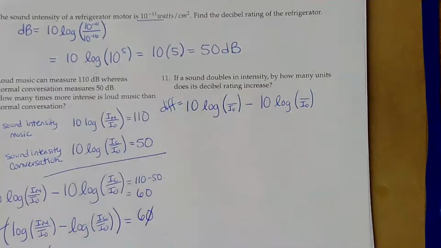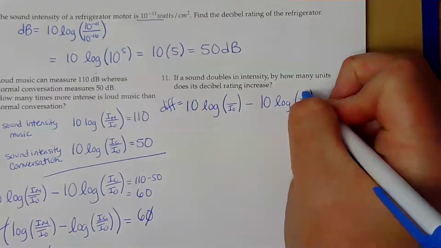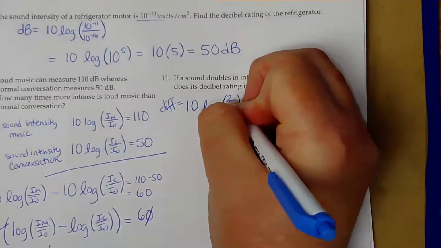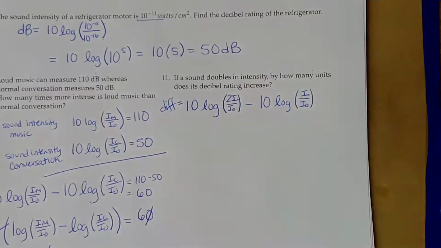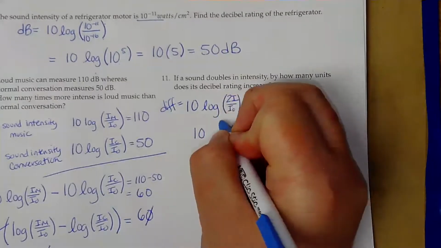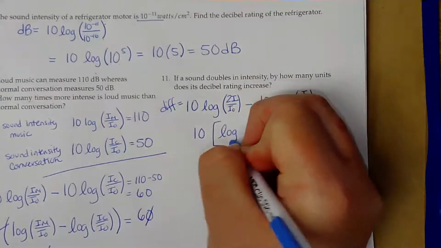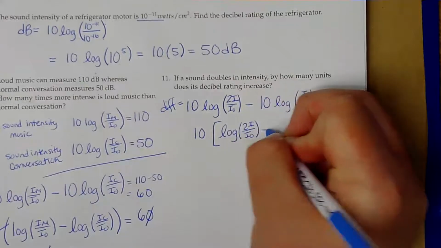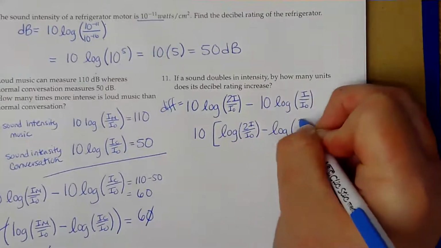I'm looking for double the sound intensity, so if my original intensity was just I of this sound, then 2I would be doubling that intensity. I'm going to pull that 10 out in front like we did previously. That gives me log of 2I over I naught minus log of I over I naught.